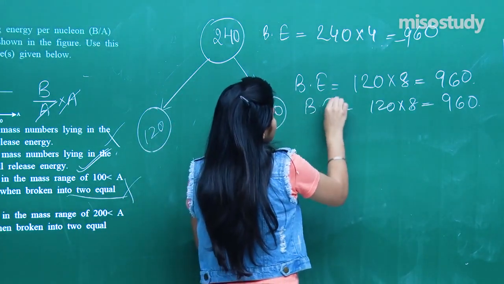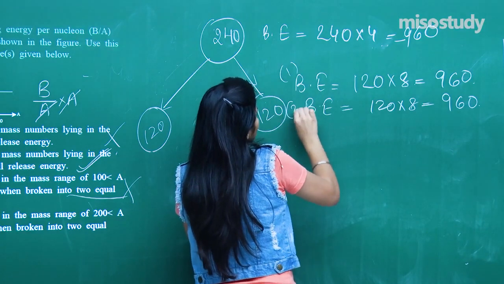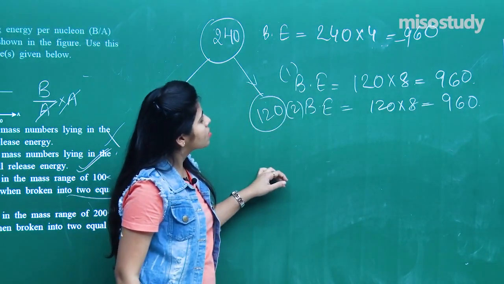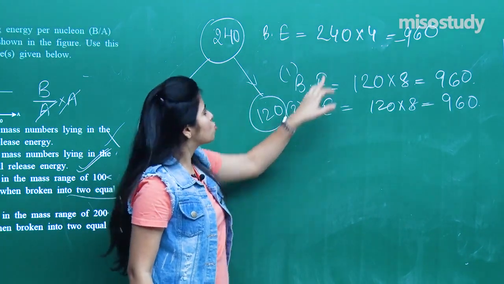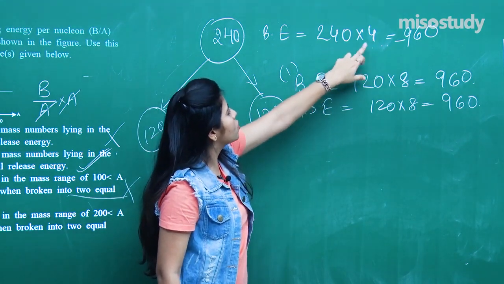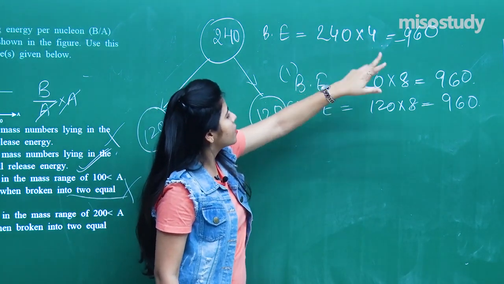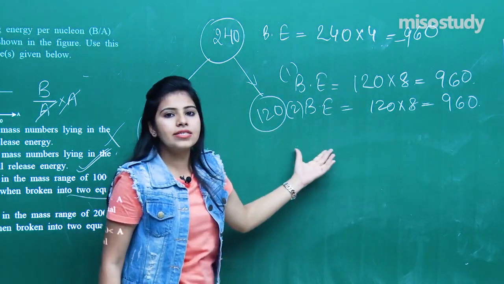This is for the first fragment and this is for the second. In both cases, 240 into 4 is 960, and the fragments again give 960.